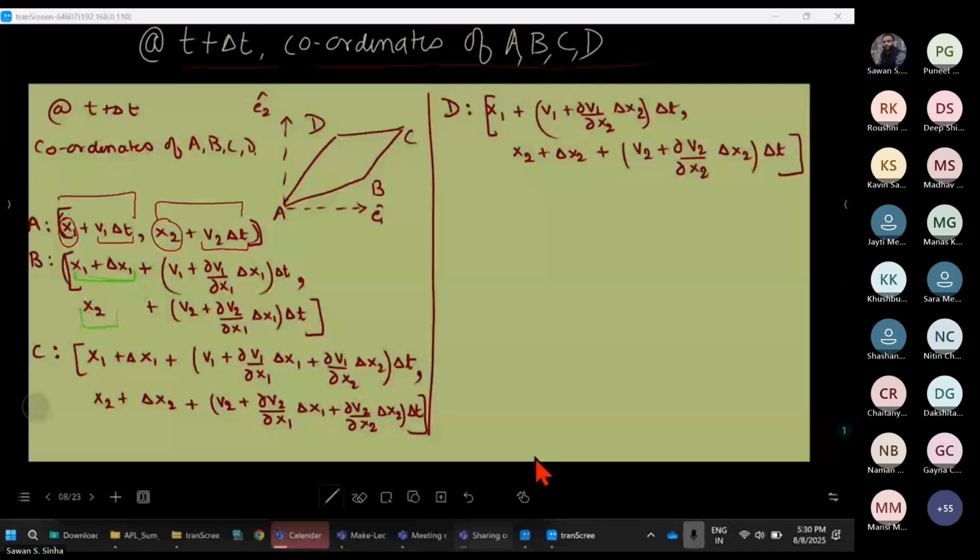These were the original coordinates of point B, but then fluid particle or point B has also undergone displacement, and that displacement is the local velocity that existed at fluid particle B at time t multiplied by delta t. Same idea extended to vertex D, or fluid particle D will give you this, and when it is extended to C, it will give you this. Again, we will not need C coordinates, but for sake of completion, I have written that.